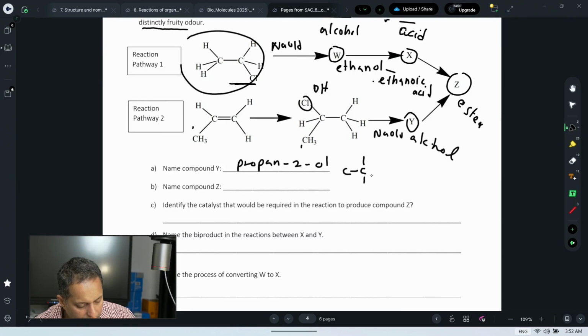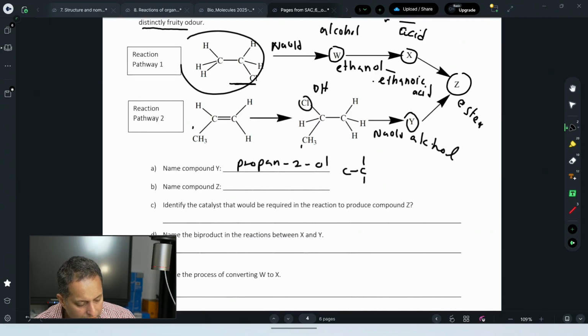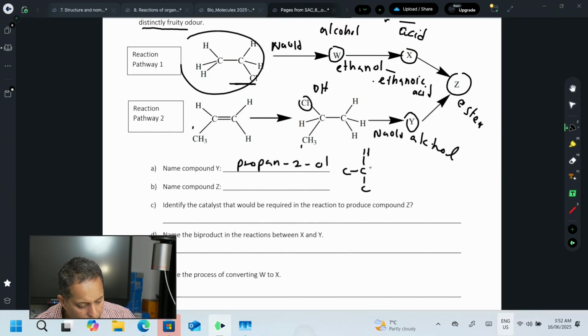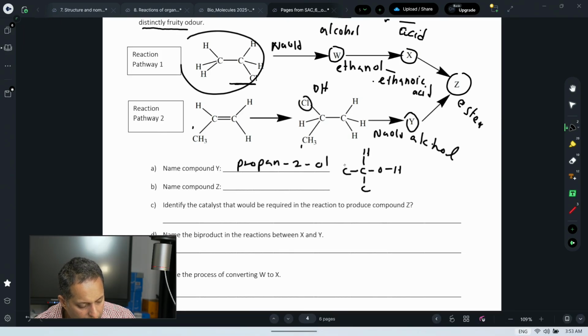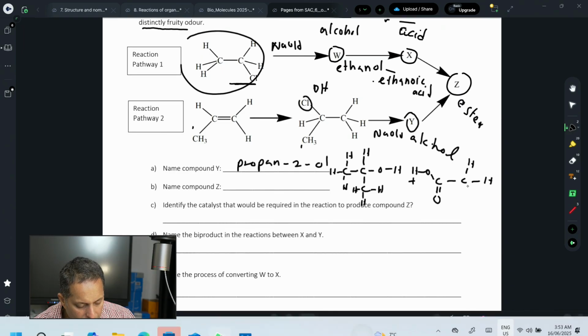Okay, let's draw this ester. Propan-2-ol is this. So this is propan-2-ol, right? You don't have to name them. You got CH3 here, you see that? And then you got ethanoic acid here. That's ethanoic acid. Is that clear to you?